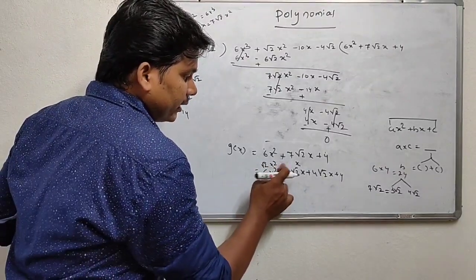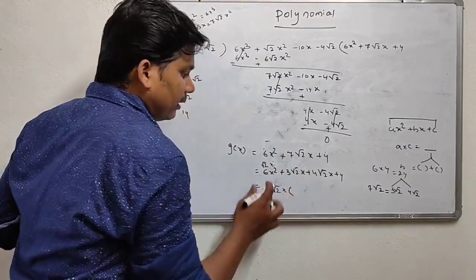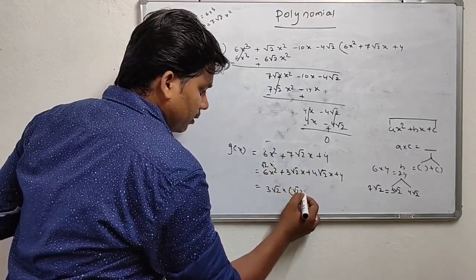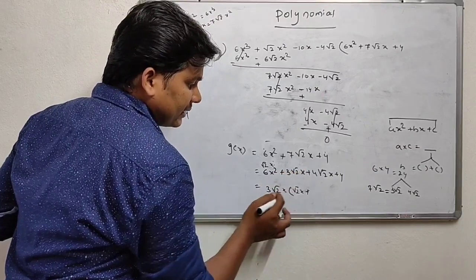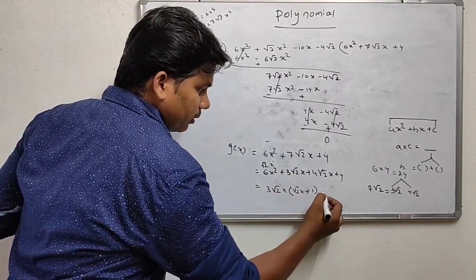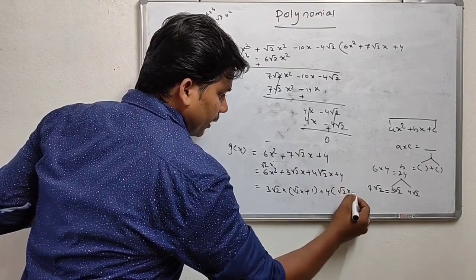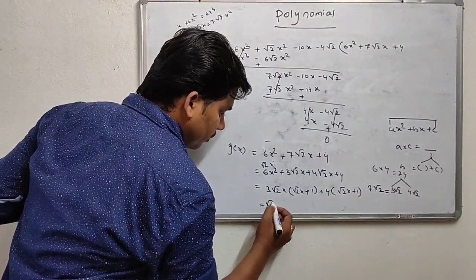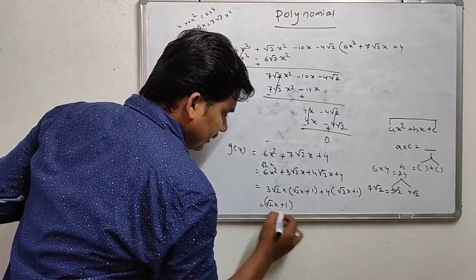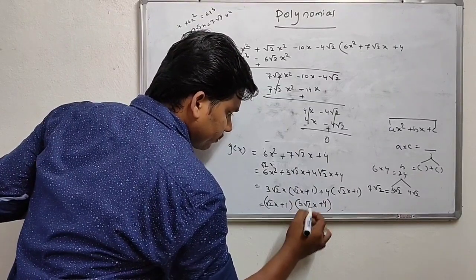Again, in the same way, in these two, I can take x as common. Then the remaining part is root 2x plus 1. Similarly, if you take 4 as common, the remaining part is root 2x plus 1. In both cases, root 2x plus 1 is common. The remaining is 3 root 2x plus 4.